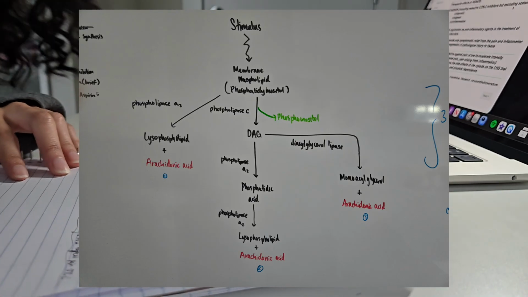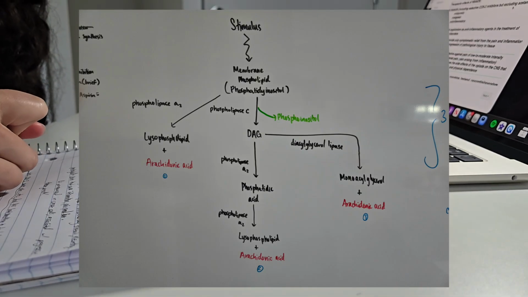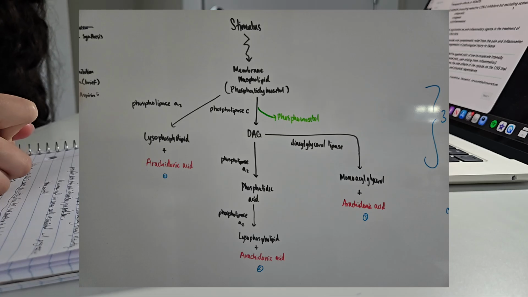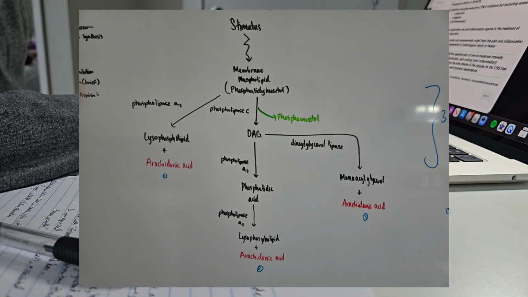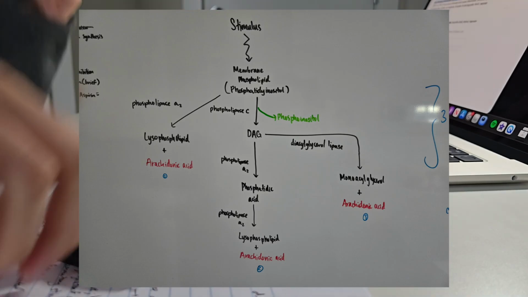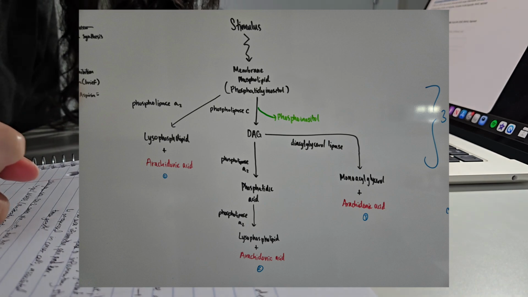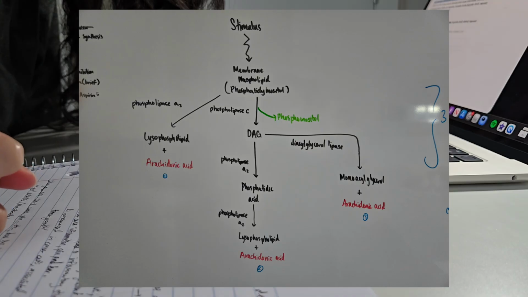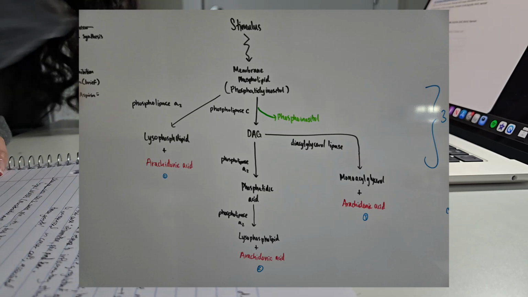So we're going to end up with DAG, and from DAG, we're going to go cleave again through phospholipase A2, and then from there we get to phosphatidic acid. Remember that we can use phosphatidic acid to get back to DAG anyway, and then from DAG we can go to PC. But from this example, like I said, we're going to go from phosphatidic acid to lysophospholipid and arachidonic acid by using phospholipase A2 once again.